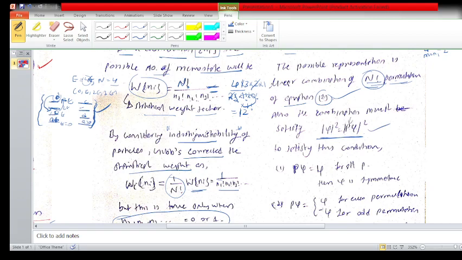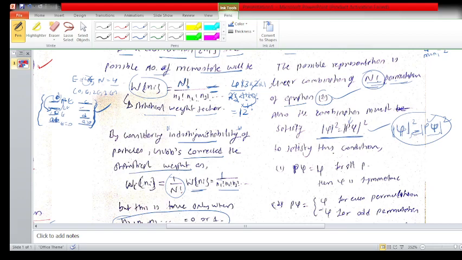That is, psi squared before the permutation should equal P psi squared, the state after permutation. These two should be equal. After permutation, the mod square of the wave function should equal the mod square before it.